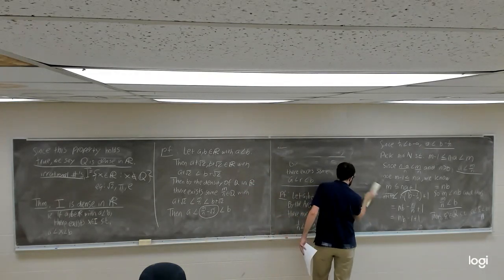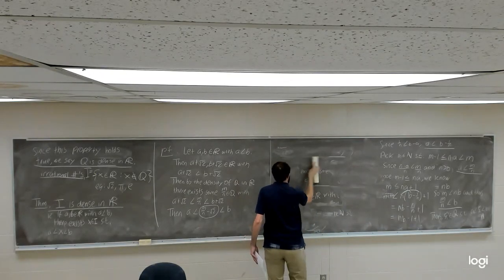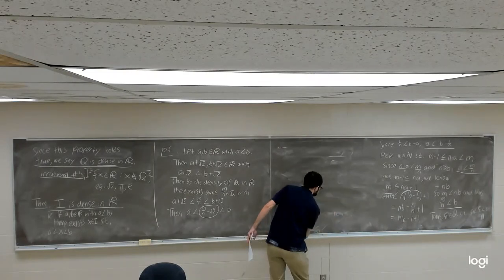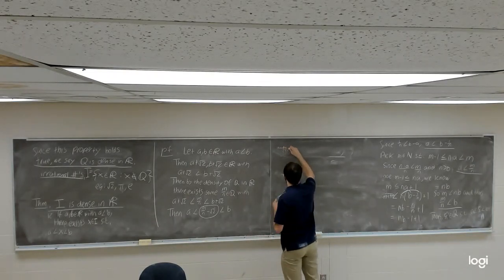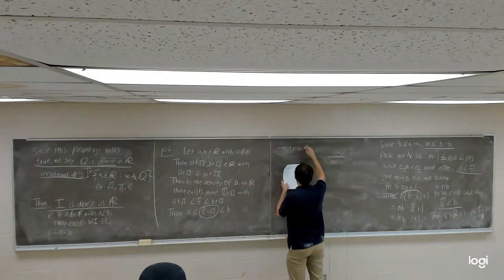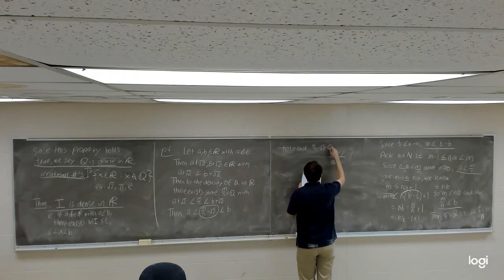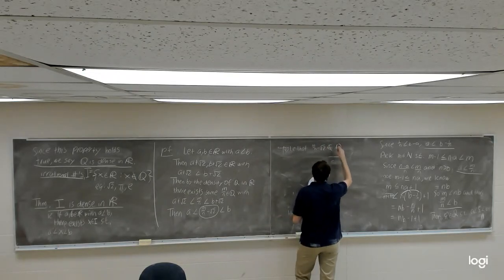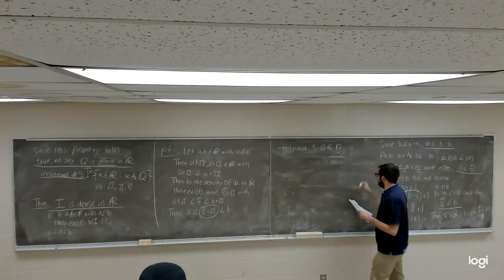We can say, for instance, note that m over n minus root 2 is not an element of the rationals. And why is that?